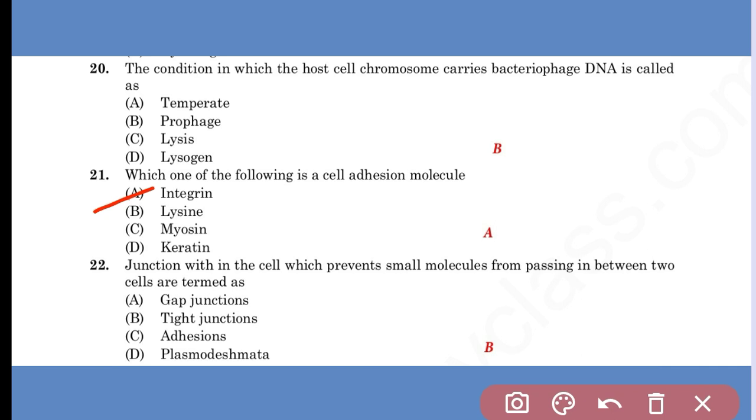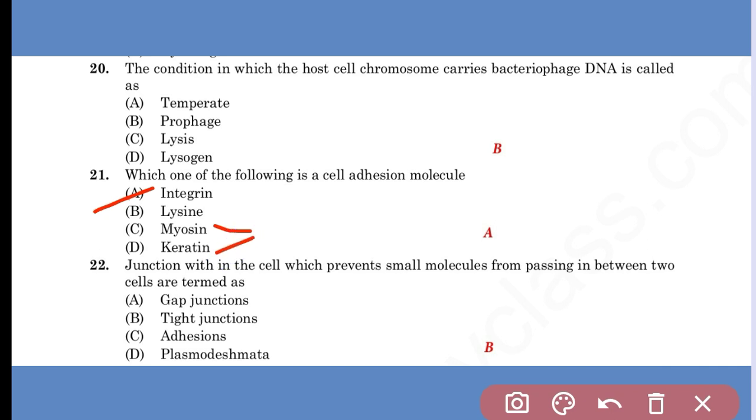So the answer of this question is option A. Looking at the other options, lysine is an essential amino acid, meaning the human body cannot make it, and you have to get lysine from food or supplements. Then option C, myosin, is a superfamily of motor proteins best known for their role in muscle contraction and in a wide range of other motility processes in eukaryotes. They are ATP dependent and responsible for actin based motility.